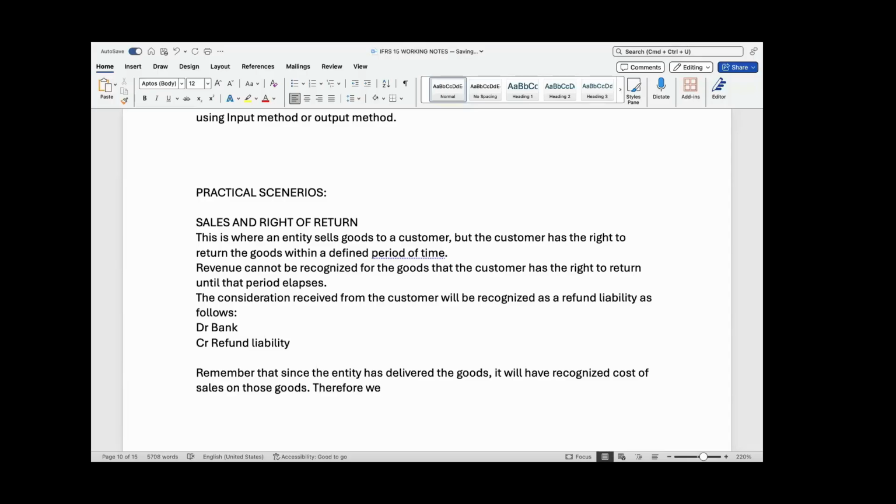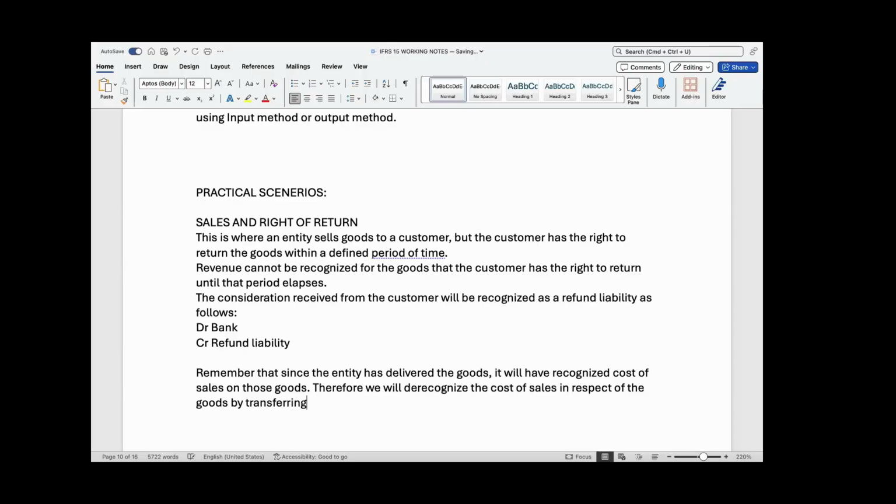Therefore, we will derecognize the cost of sales in respect of the goods by transferring it to where?